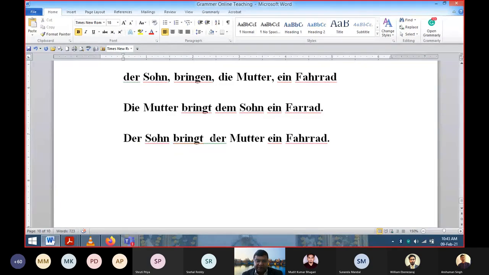But if indirect and direct come together, first dative, then accusative. If you write der Sohn bringt ein Fahrrad der Mutter, it's grammatically wrong. First der Mutter should come and then ein Fahrrad. And while translating into English, you have to readjust as per natural translation: the son brings a bicycle to mother.